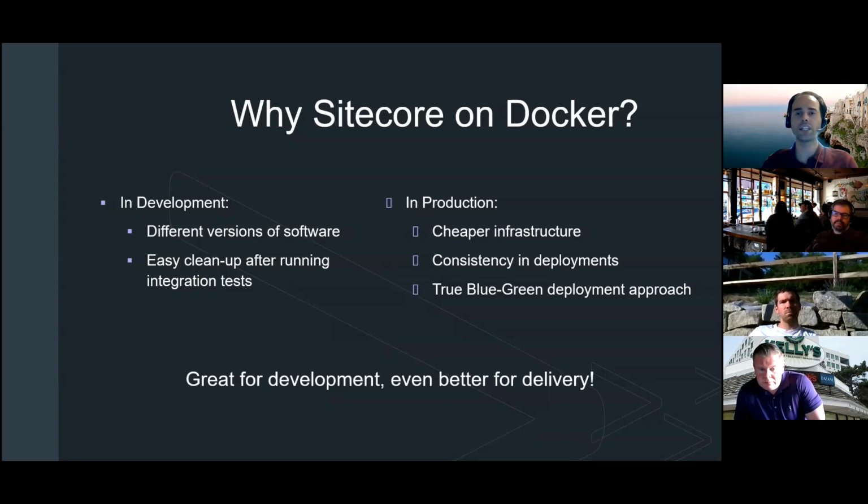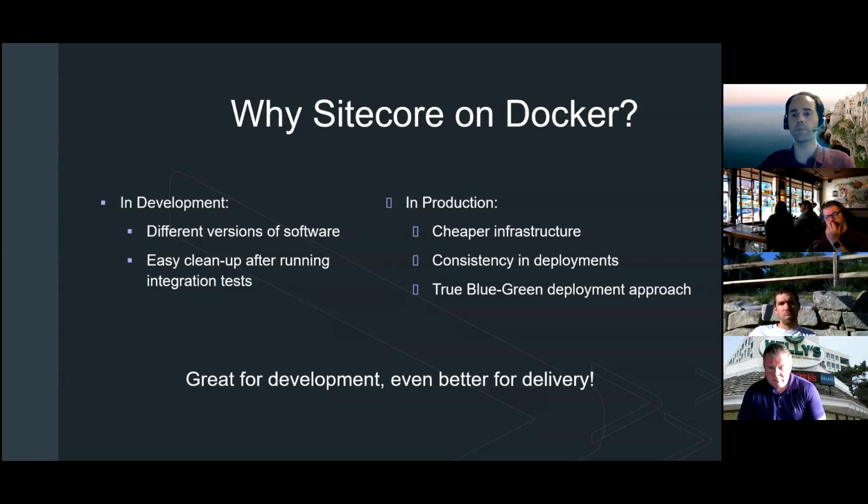You don't have to install Sitecore anymore. You just compose a topology that you are interested in with Sitecore, and then it's up. If you are developing on different projects at the same time, and you need to have the ability to have different versions of software, this is super helpful.